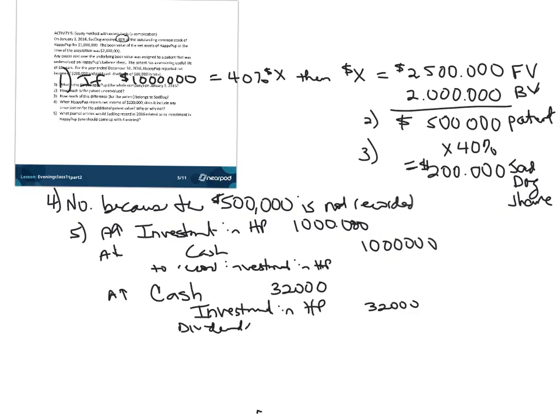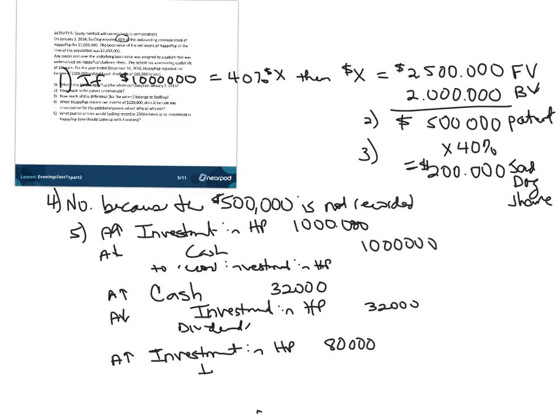All right, we have an entry for our share of the net income. So we just did an example with this. We know that our share of the net income is going to make our investment account bigger. So that's going to be a debit to investment in Happy Pup. It's 40% of $200,000, so that is $80,000.